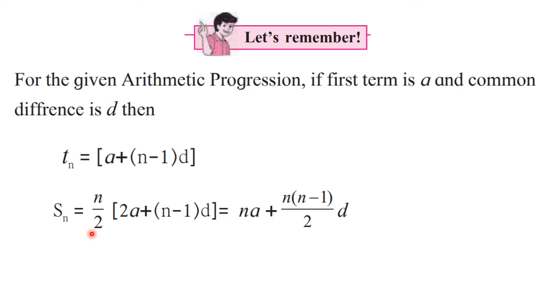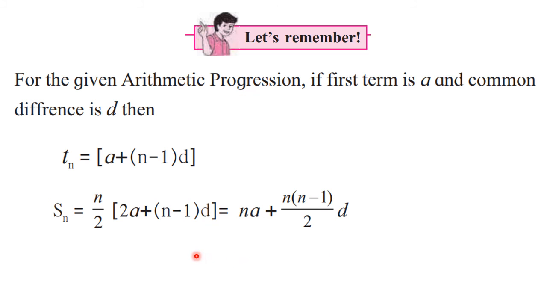Now if this n upon 2 is taken inside, then the 2 and 2 will get cancelled, and the first term we will get as na, and the second will become n into (n minus 1) upon 2 times d. So you can use this formula in this manner also, but the earlier one is easiest, and we always use that one. This is only the converted form which is given in the textbook.